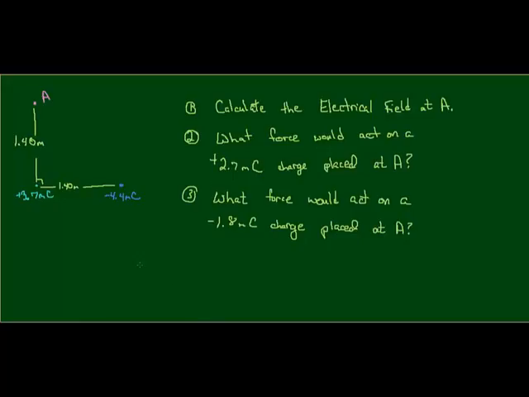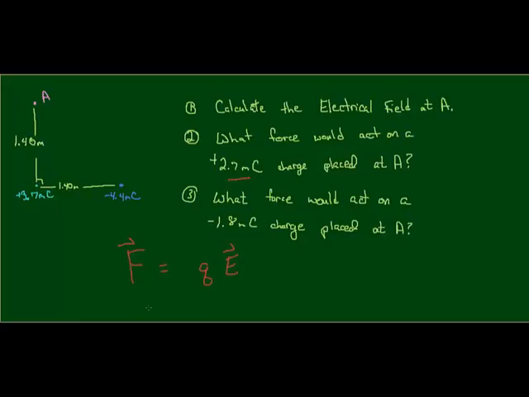Well, we know that the force that a charge experiences is equal to the moving charge times the field. Okay, and the force and the field are going to be in the same direction. Again, this is the field shows the direction a positive charge would move.